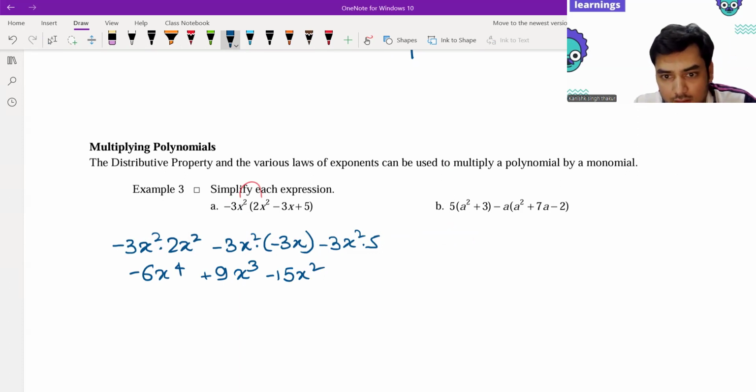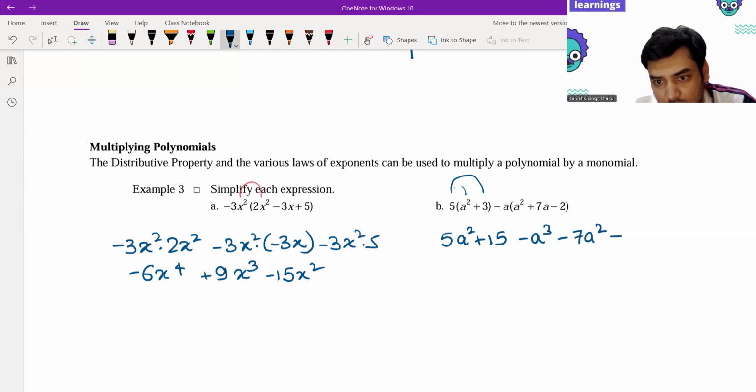Okay. Then 5a square plus 5 times 3, so 15, minus a cube minus 7a square plus 2a, right? Minus a times a square is minus a cube. Minus a times 7a is minus 7a square, and minus a times minus 2 is plus 2a.